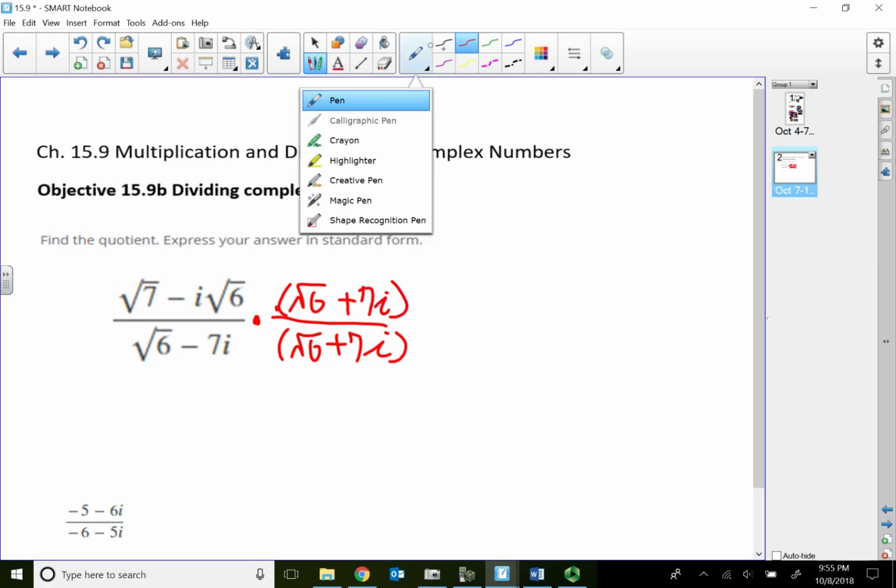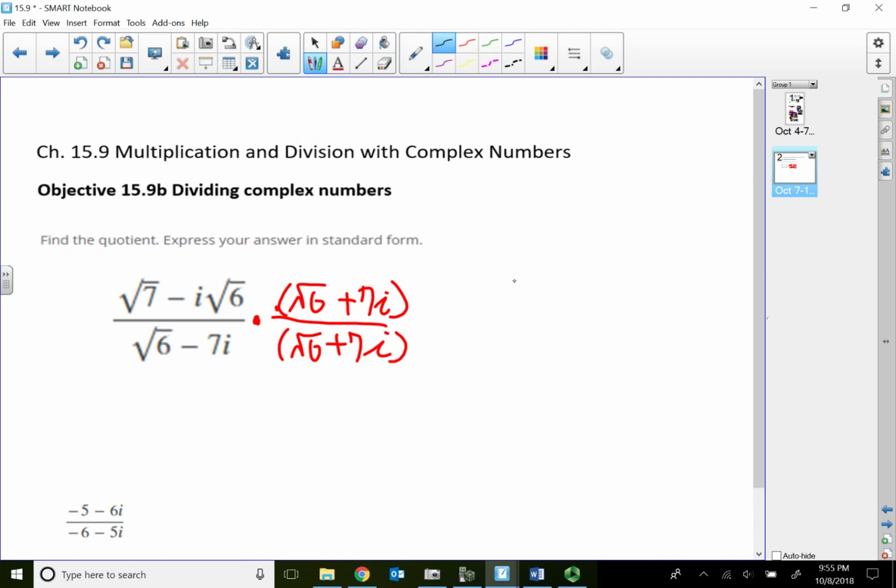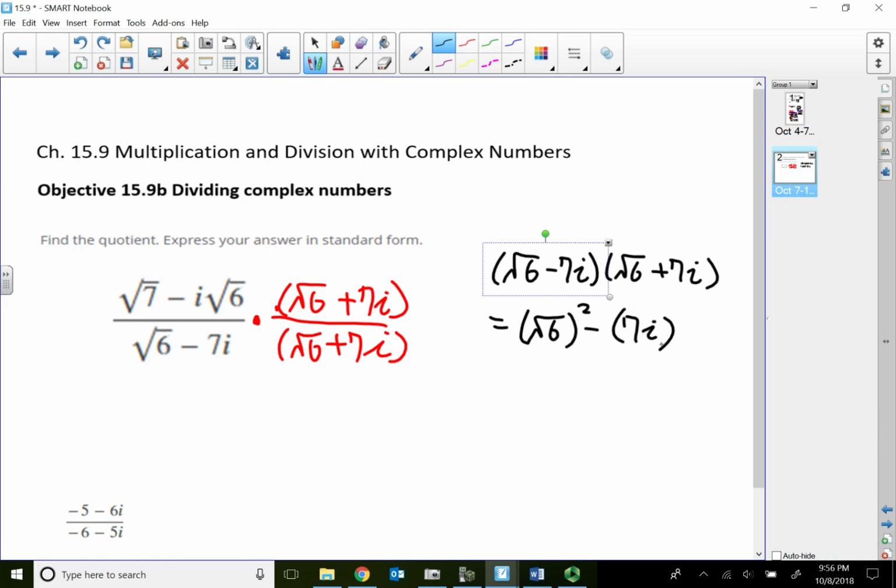So let me work this on the side, okay? Denominator, two terms for one denominator, put them in parentheses: square root of 6 minus 7i times square root of 6 plus 7i. So difference of squares is basically my conjugation. So my a squared, which is square root of 6 whole thing squared, minus my 7i whole thing squared.